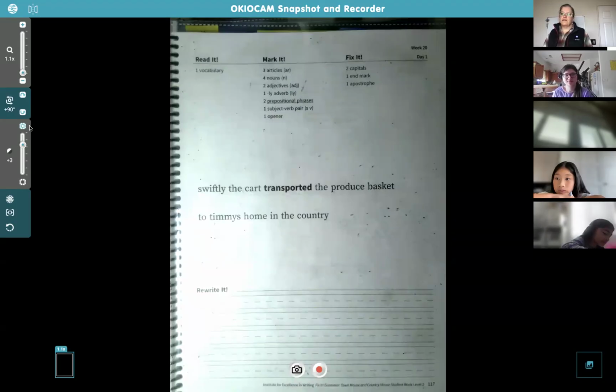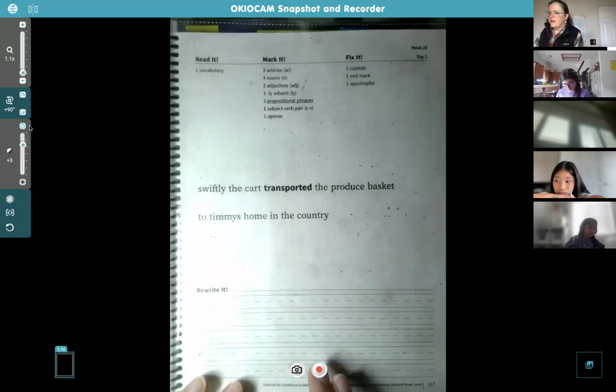Good. Sometimes it is pronounced produce, but in this one it's produce. That means like in the produce section of the grocery store, that's where the fruits and vegetables are, things that are growing. Okay. But good job reading that.